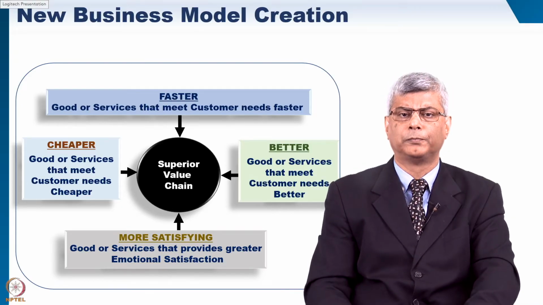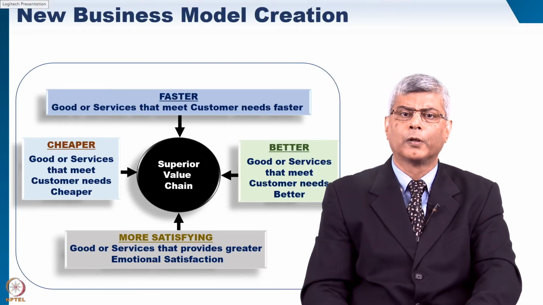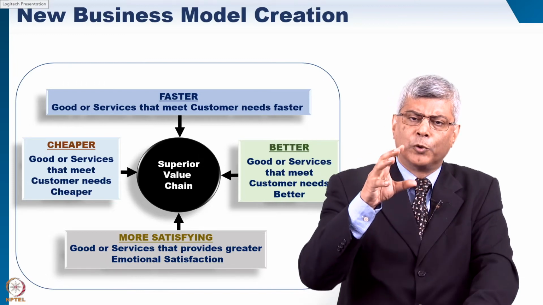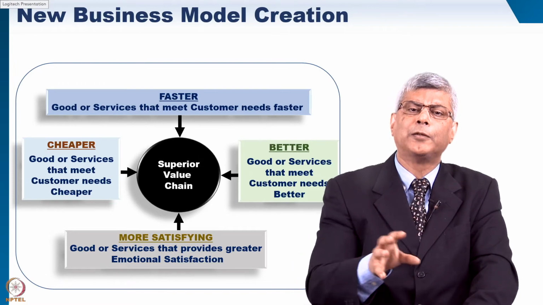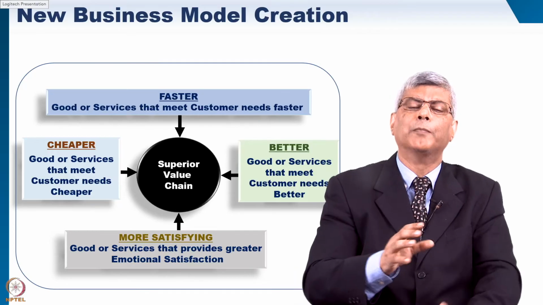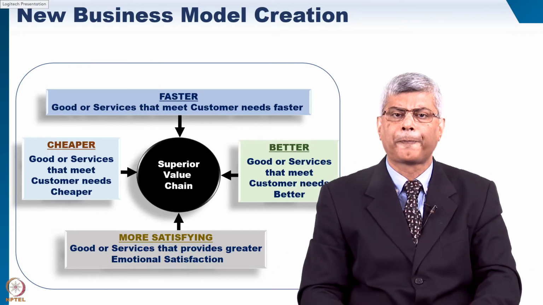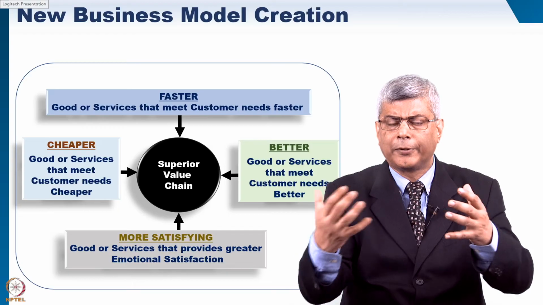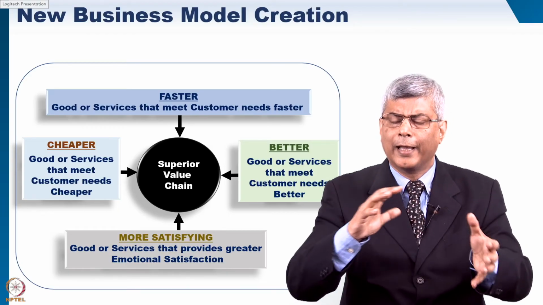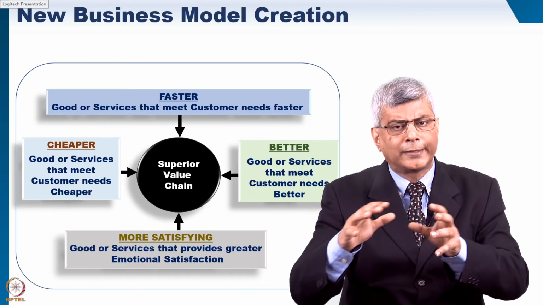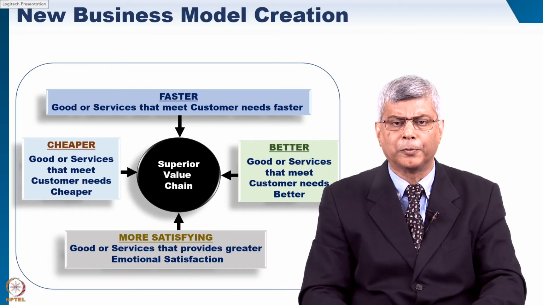For example, if a motorcycle company creates a slightly better motorcycle, it's still a motorcycle company. It has not reinvented itself. It has not created a new business model. Every year, every quarter, it's doing something different, but not really a new business model.